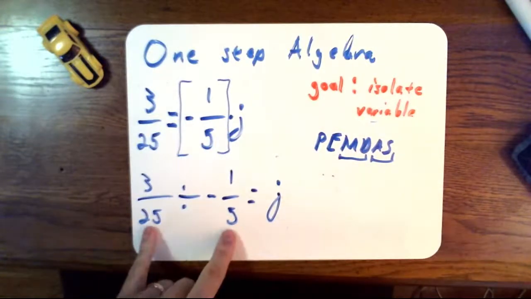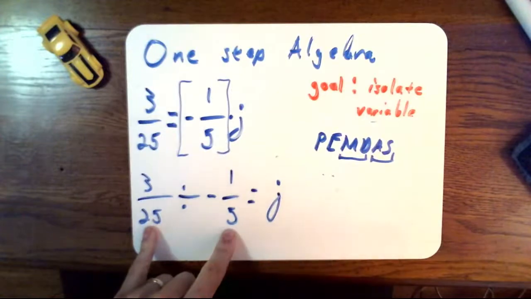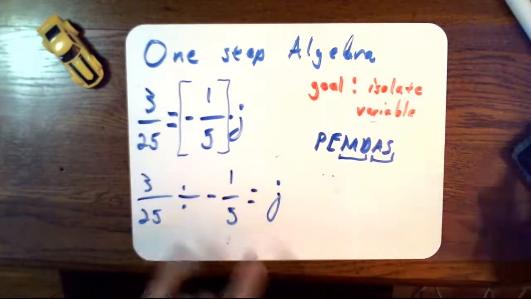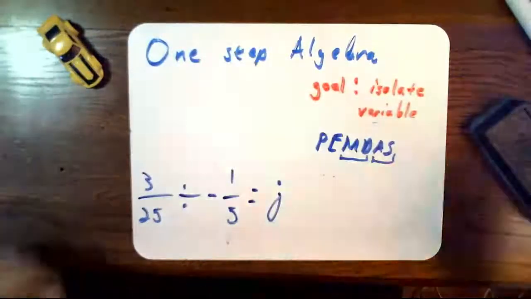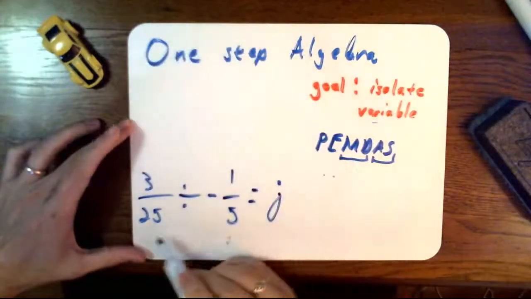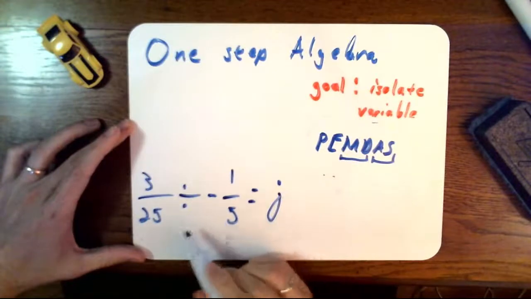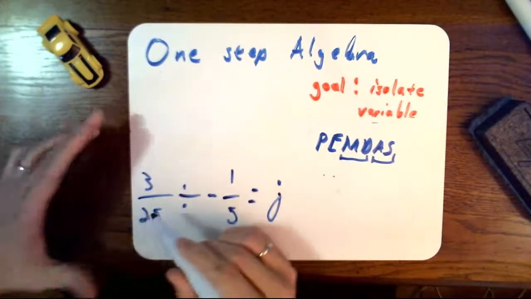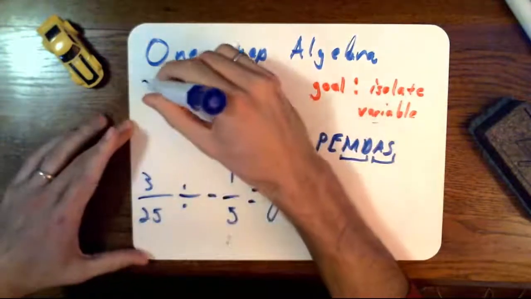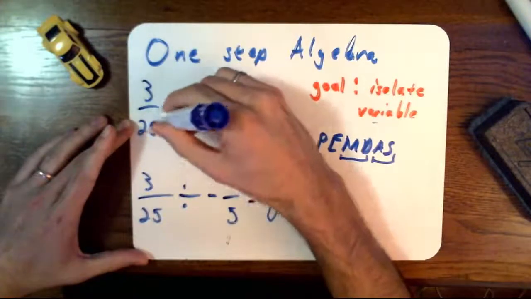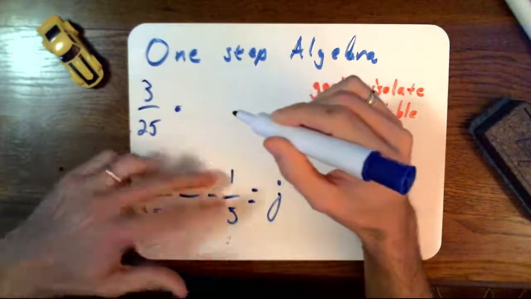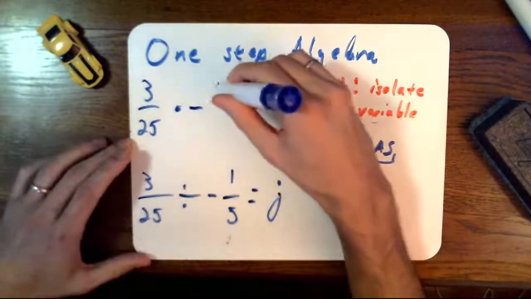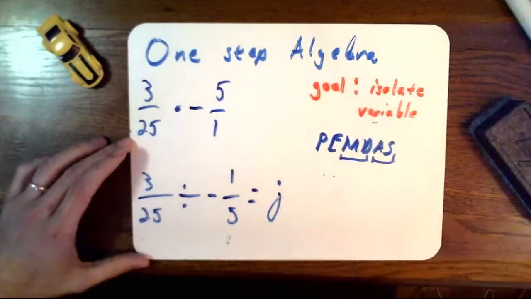And now we have a division of fractions. Division of fractions is a special type of problem that you want to think about. Whenever you're dividing fractions, or whenever you see the division symbol with fractions, or even if this was a normal number, you want to keep the first fraction, change the middle to multiplication, and now flip this onto its head, -5/1.